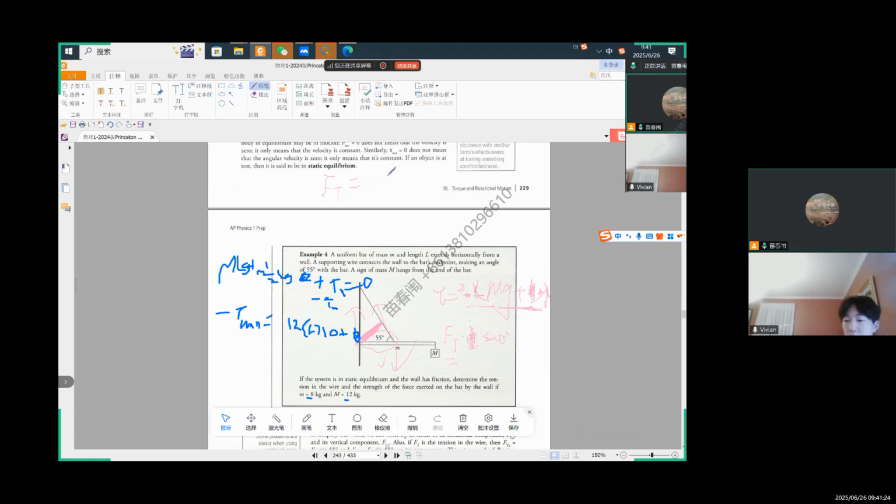So it's 2 mg plus mg, over sine 55 degrees, right? Is that tension? Yes, I think that's the tension.